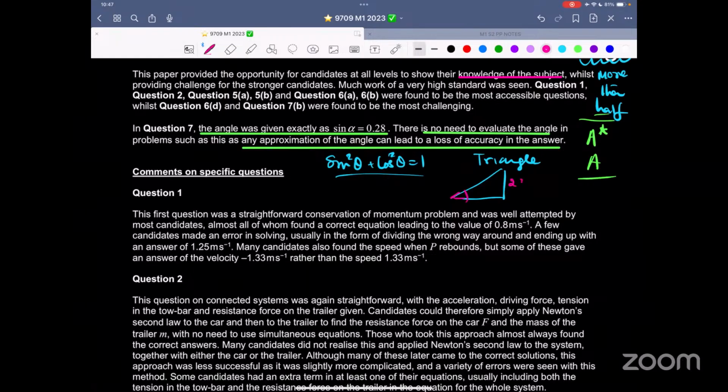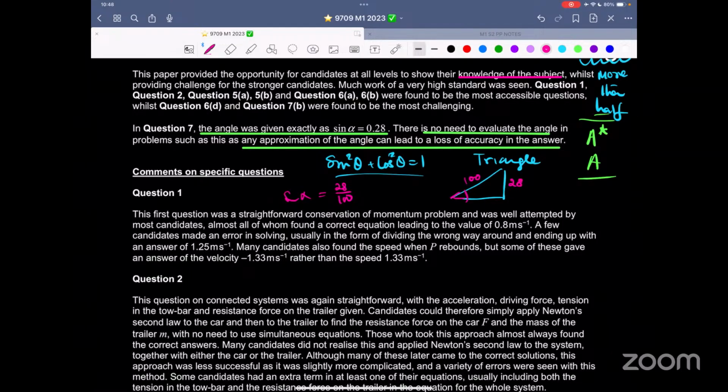0.28 is 28 over 100. That is sine of alpha. So this is 28, this is 100. Now let me grab my calculator, and 28 squared, not cubed, it is a square, my bad. That comes out to be 784.